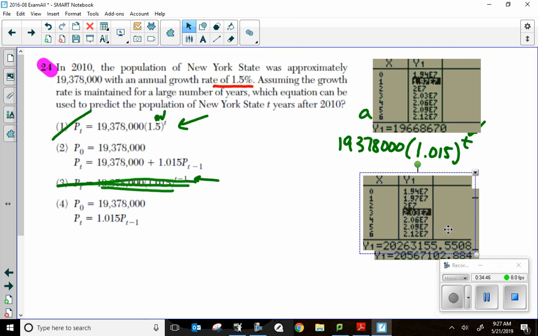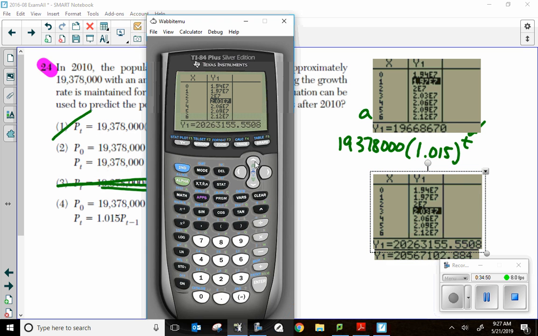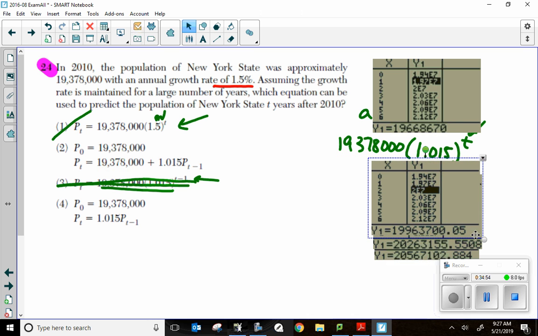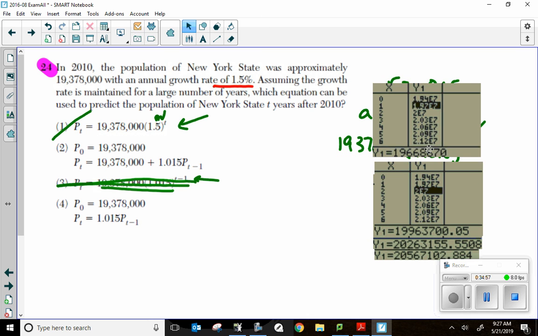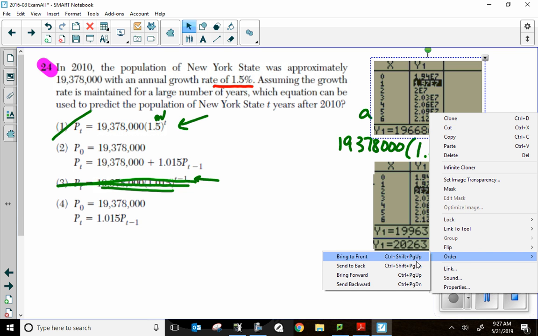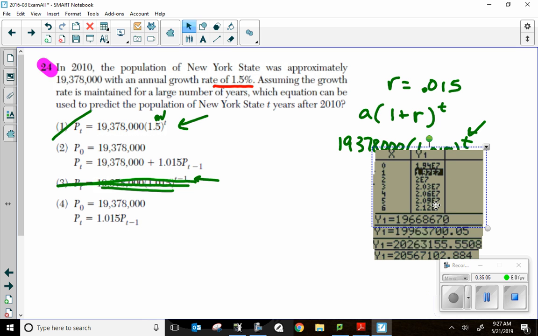I'm going to layer these on top of each other so it's easier to tell. The 2nd year, and this is the first year. Order, bring to front. There you go. These are the first 4 years.